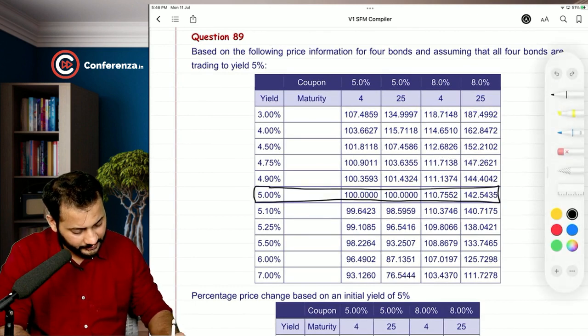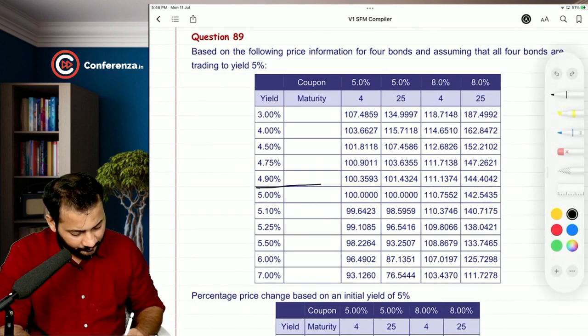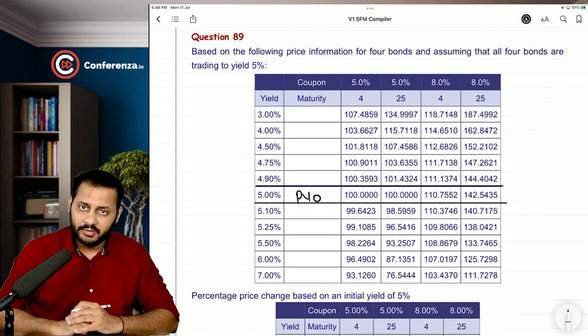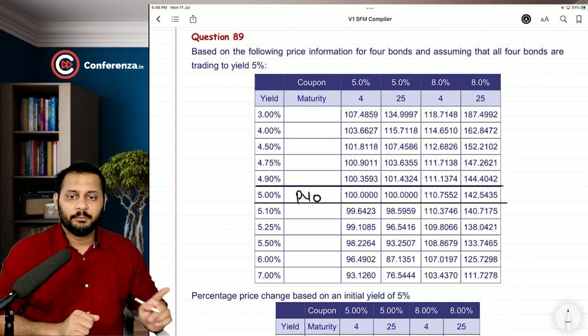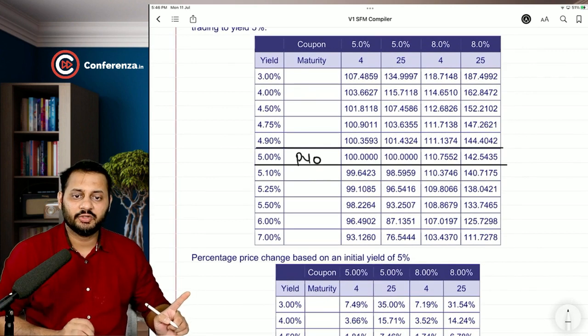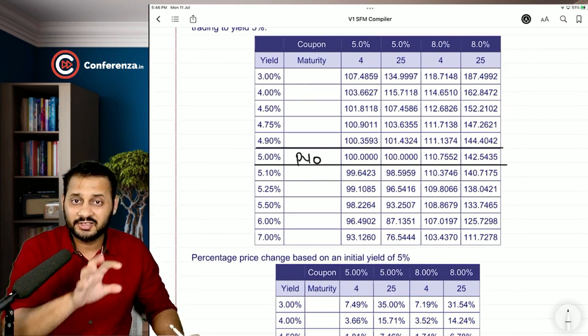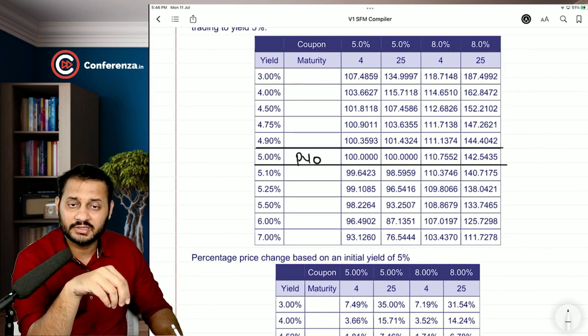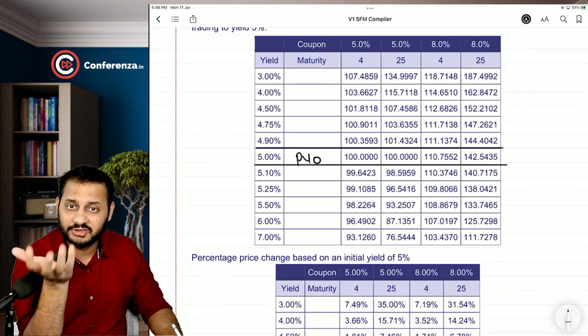Am I right? Make it very clear. They are saying that the current yield is 5%. And at current yield, this becomes PV0. Okay. Percentage price change based on an initial yield of 5%. Understand, they have already calculated the change in the market price if the yield is changing.